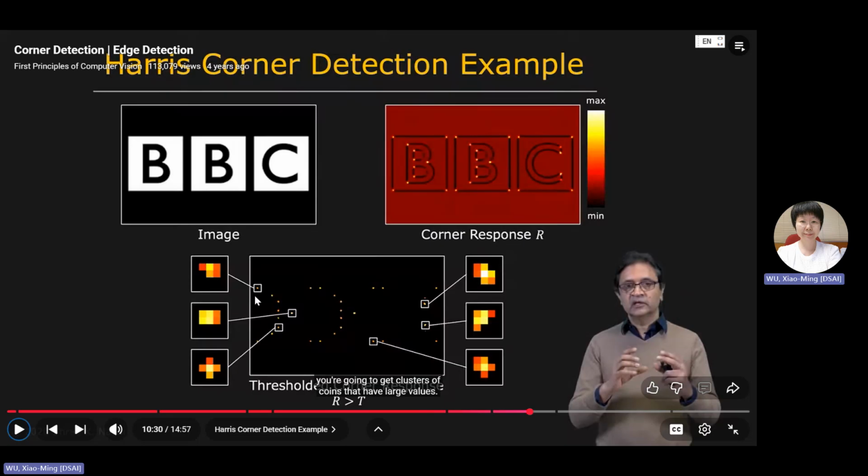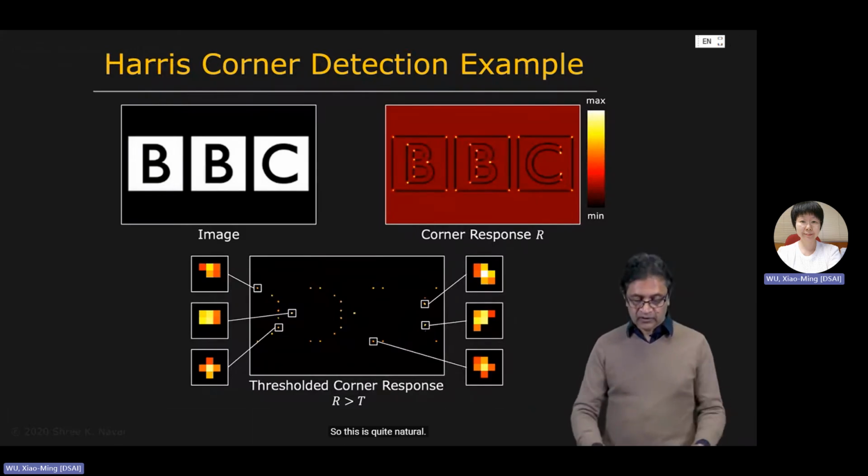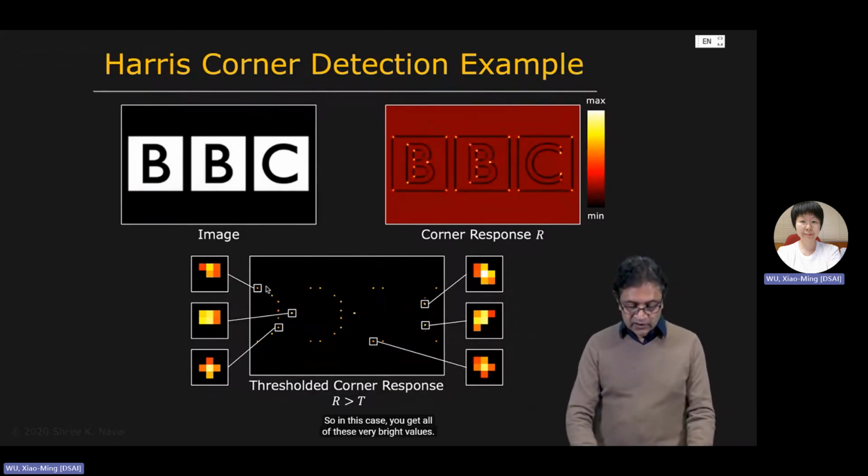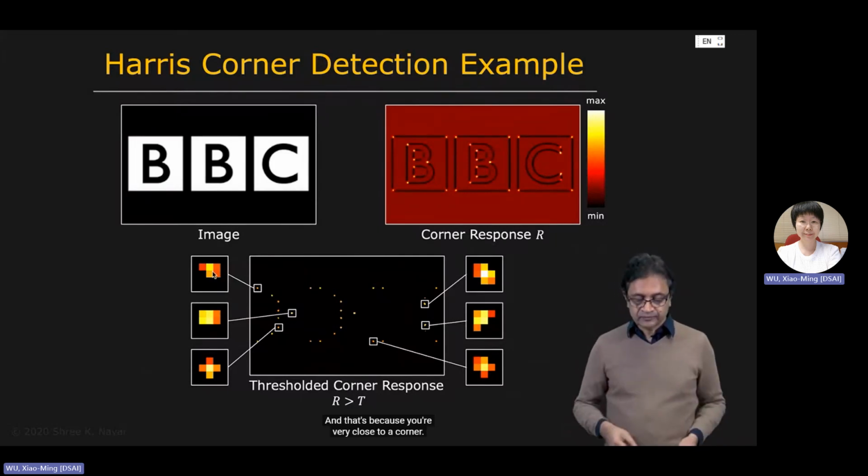Clusters of points, multiple points for one region, cluster of points. And that's why we need to do non-maximum suppression. Those have large values, and you need to decide which one is the peak. So this is quite natural. In this case, you get all of these very bright values, and that's because you're very close to a corner.